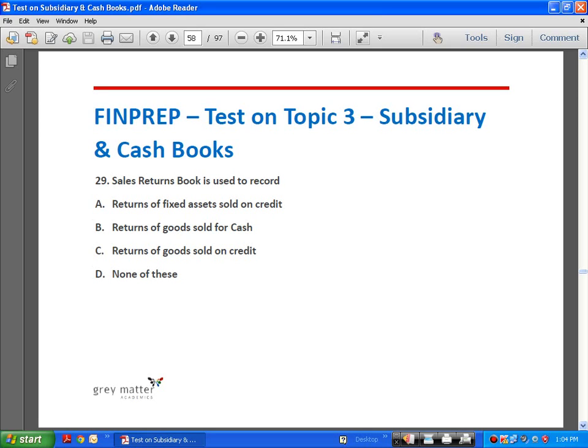Suppose goods are coming back to you, and these goods had earlier been sold for cash and cash is not yet refunded to the customers, then you will make an entry for such goods in the journal proper. But in this case, the question is, the sales returns book is used to record returns of goods that were earlier sold on credit.